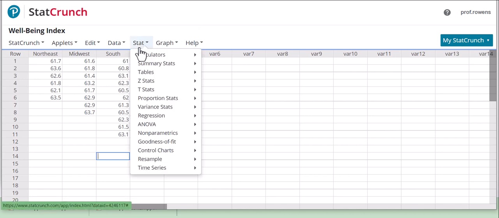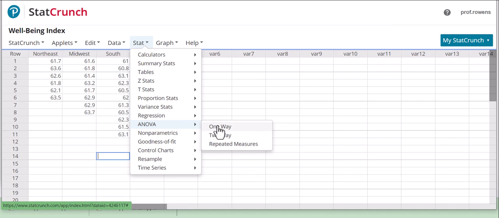So we're going to go to Stat, our friendly menu, the one that we use the most to do all our statistical analysis, and we're going to go to ANOVA, analysis of variance, and we're only working with a one-way analysis of variance. If you continue your study of statistics, become a statistics major or get a statistics minor, or you're going into economics, you'll probably have to take more statistics, and you'll then see the two-way analysis of variance.